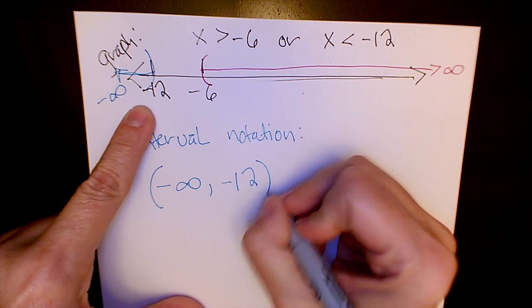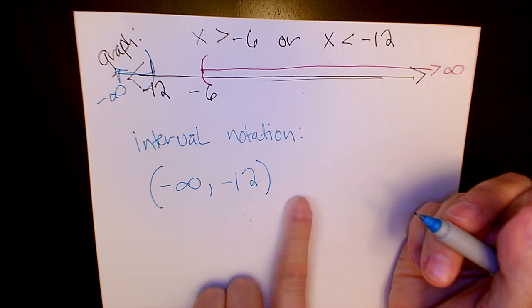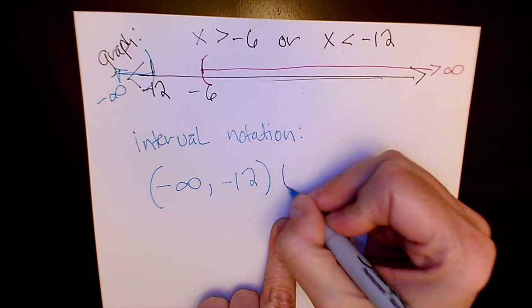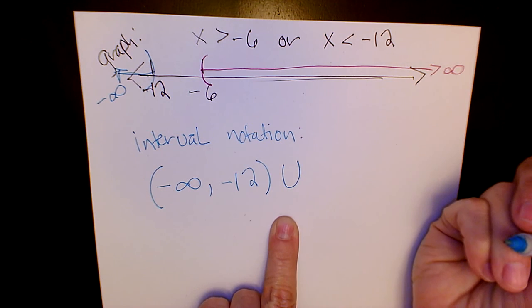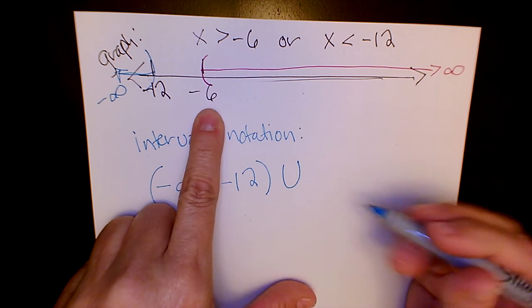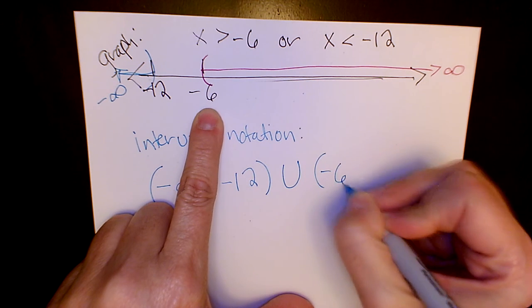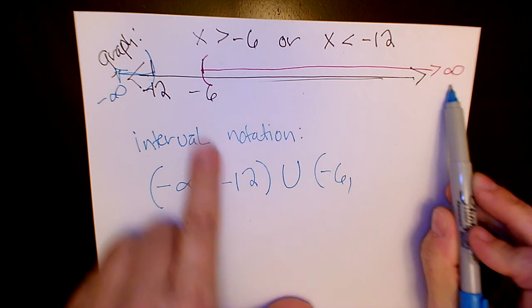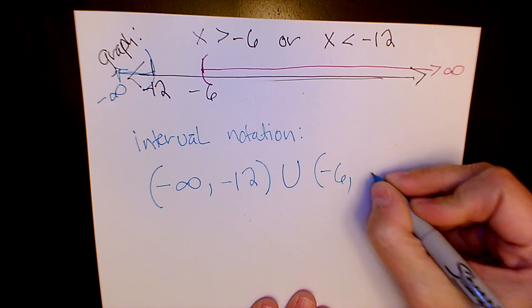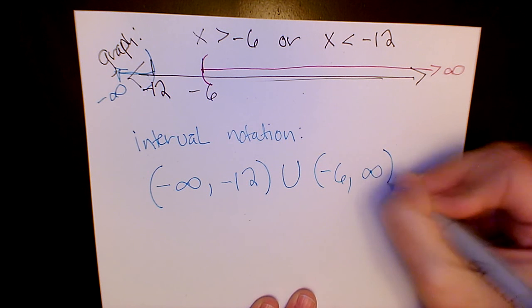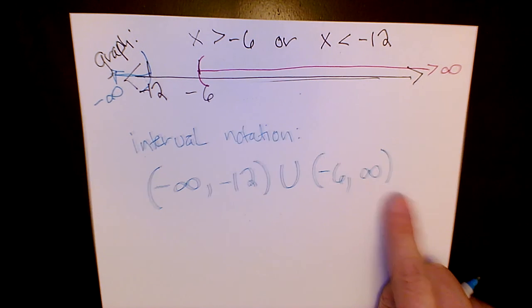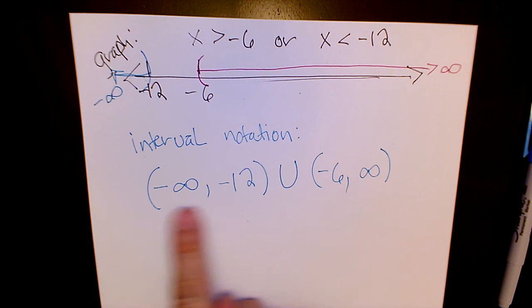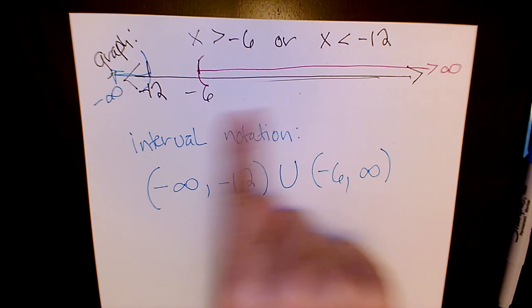Another parenthesis. And what goes in between? Remember, it's the big U. And then I'm going to come here, parenthesis, -6, comma, end with positive infinity. And remember, with infinity, it's always a parenthesis. So here's my interval notation, and here's my graph.